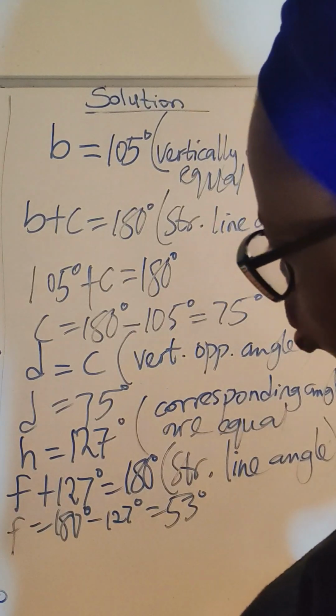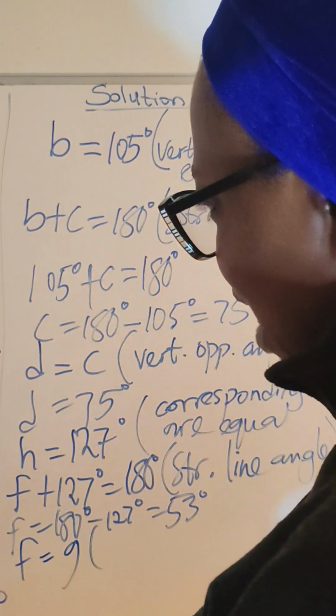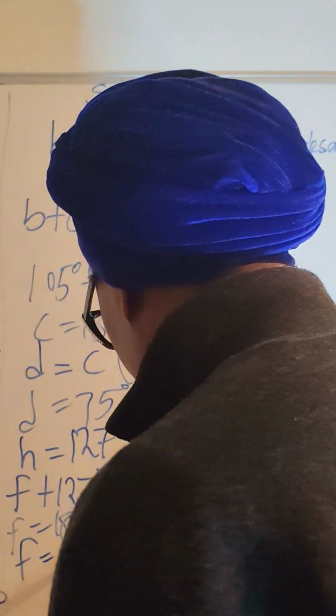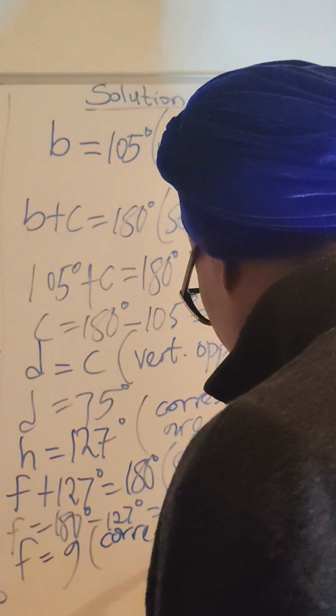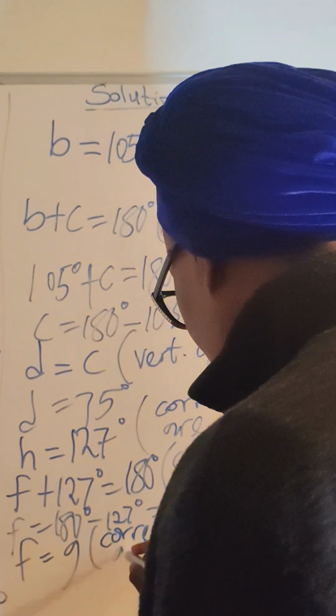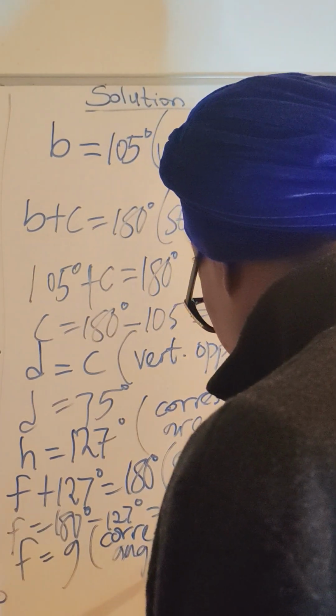Angle F is equal to angle G because they are also corresponding angles. Corresponding angles are equal.